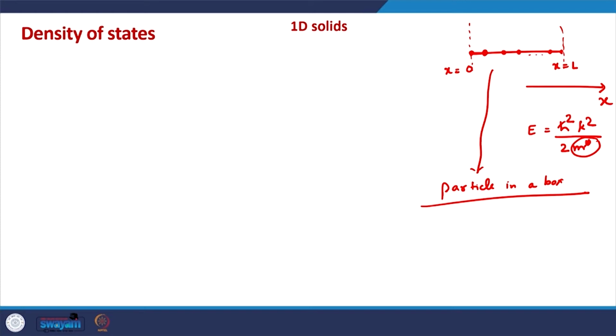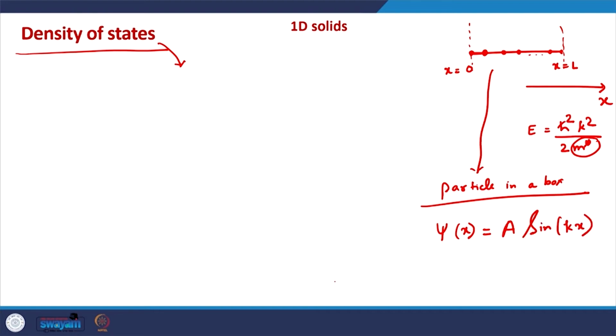So, for density of states, please remember this: in order to calculate the density of states, which is the number of allowed electronic states in a material, we need to first solve the Schrodinger equation for that material, and the Schrodinger equation solution for a 1D solid would be essentially the same as the solution for particle in a box.